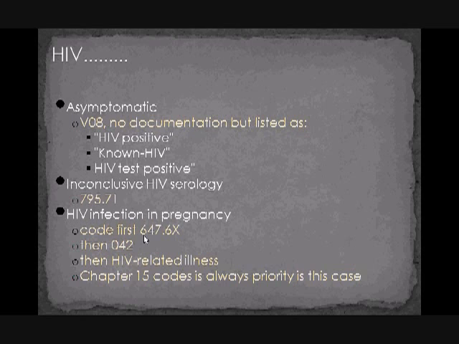Now, let's say the person gets the V08, but then exhibits some HIV-related sicknesses. Then this person can now get a 042 code.